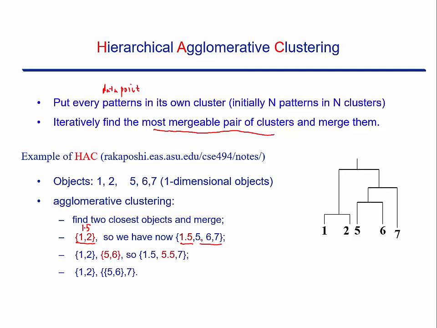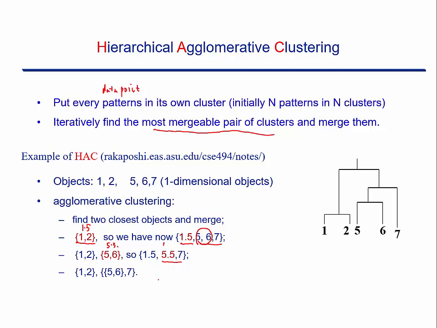Now we find that 5 and 6 is the closest pair, so 5 and 6 will be merged into a cluster represented by the centroid, which is 5.5. And after that, 5.5 and 7 are closer, so they will be put together.